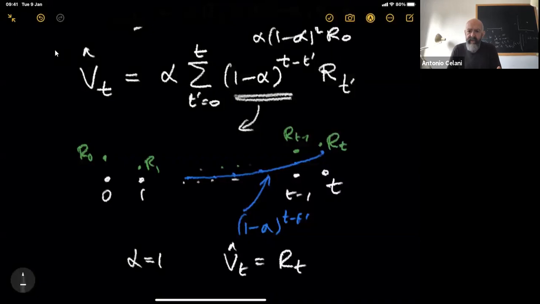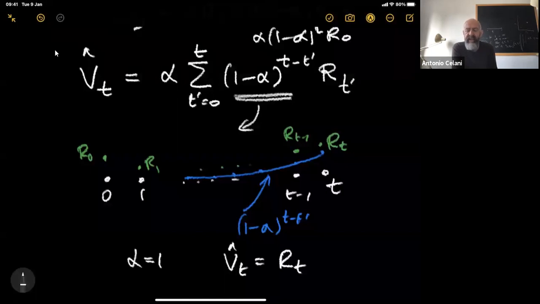Okay, so it relaxes immediately to what you just observed, which is a good idea if there is no noise, but a very bad idea if there's noise. In general, there is noise. And also, in a multi-arm bandit, the reward that you take depends on the action that you just took. So it has no memory whatsoever of all the other actions that you took. So alpha tending to 1 is not a good idea.